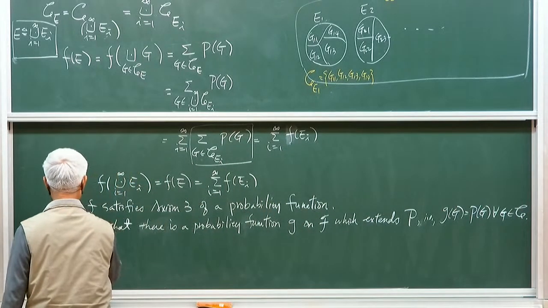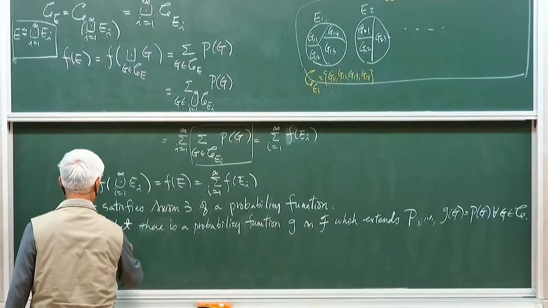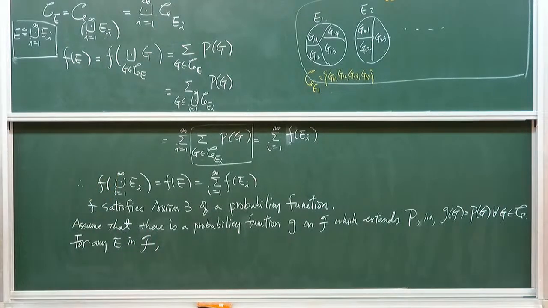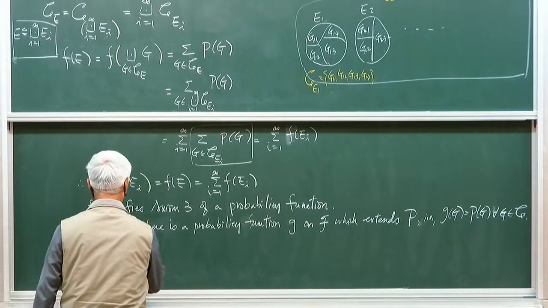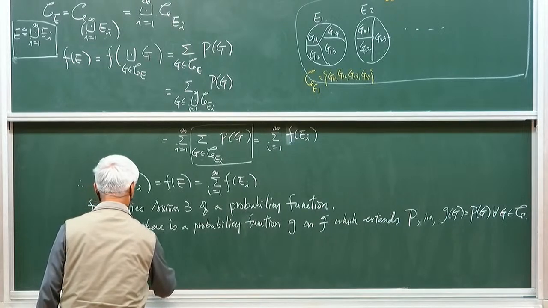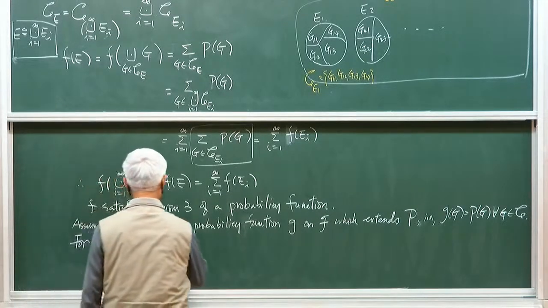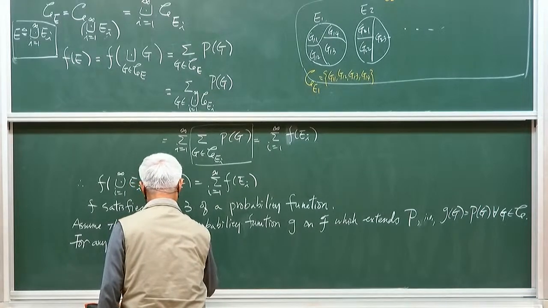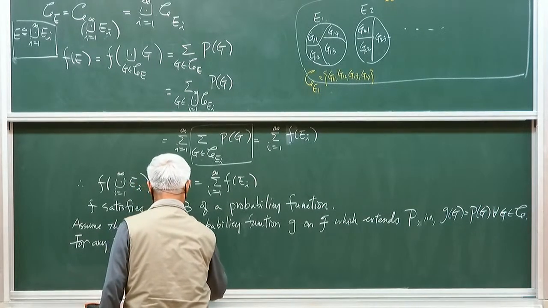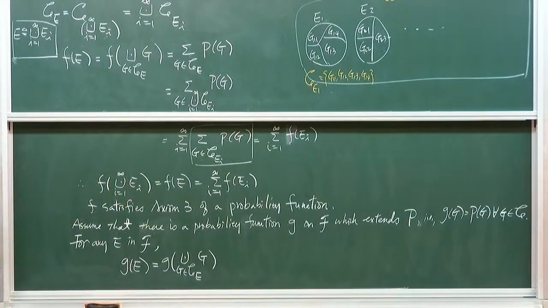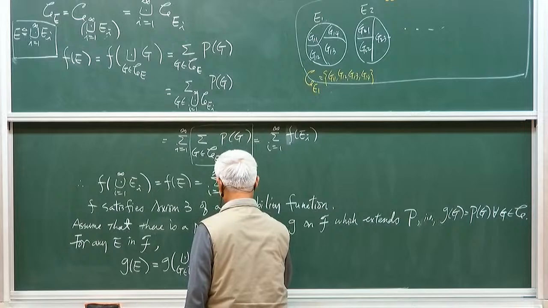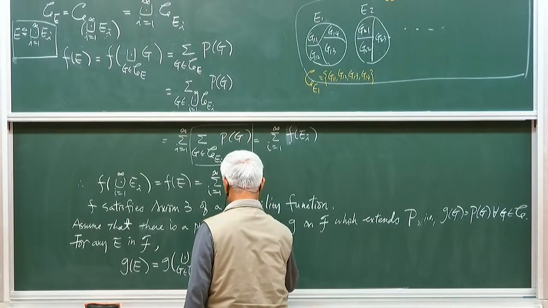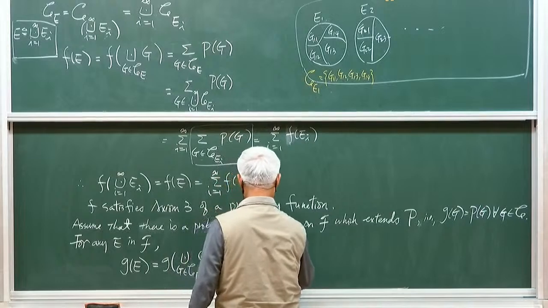Now for any E in the sigma algebra, consider an arbitrary event E. So G of E is equal to G of the union of its atomic events, and this is equal to the summation of G of g.